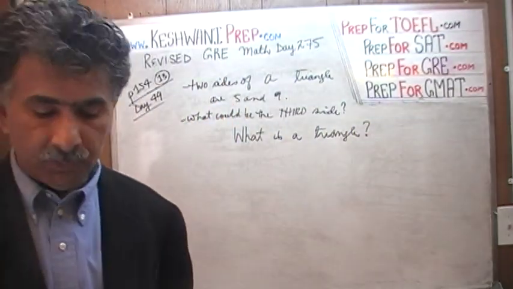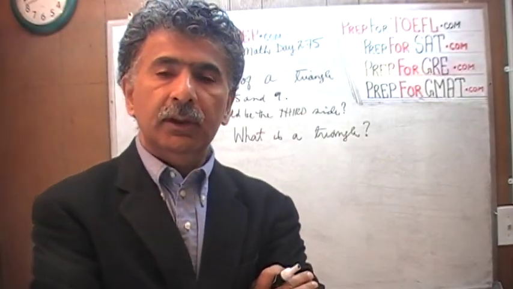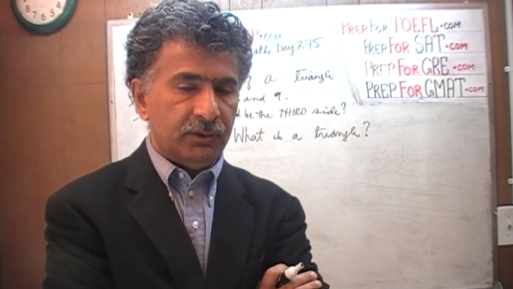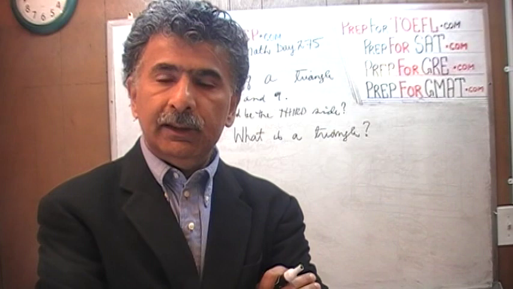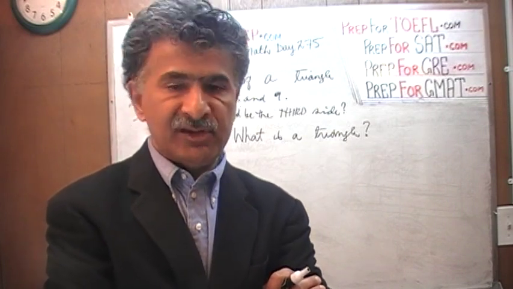If somebody were to come up to you and ask you, what's a triangle, will you be able to articulate that in plain English, without using any jargon from math or geometry? What exactly is a triangle? What does it represent conceptually?